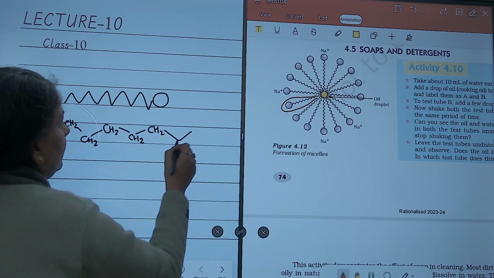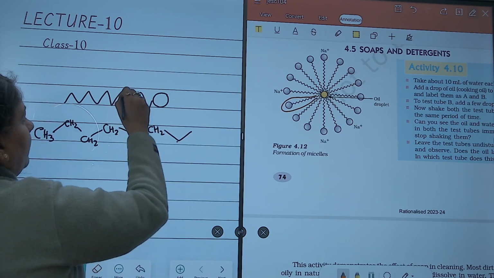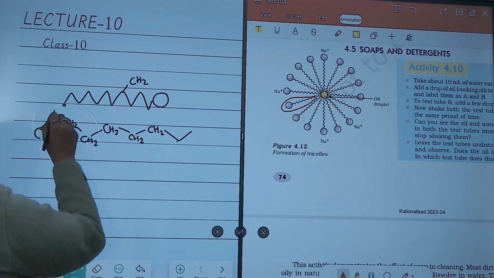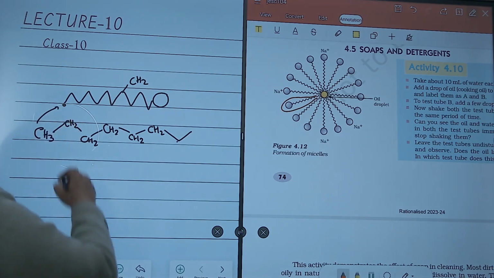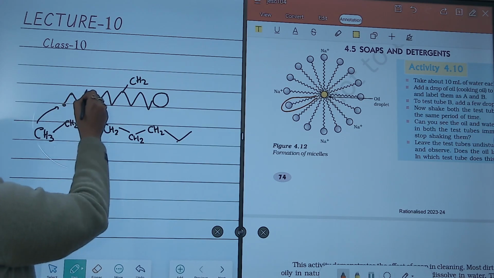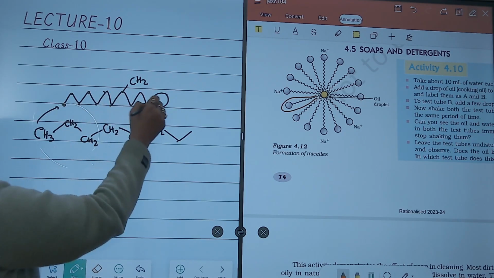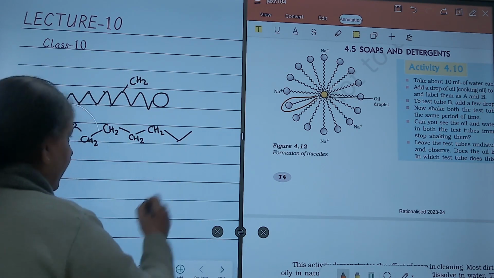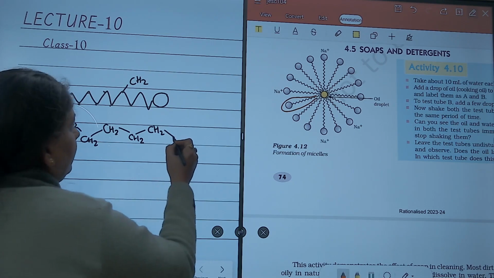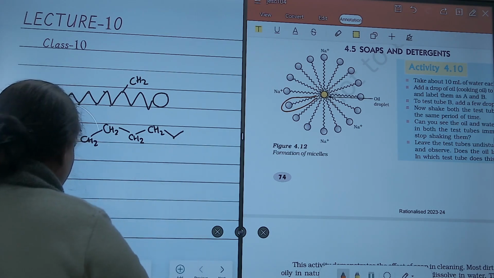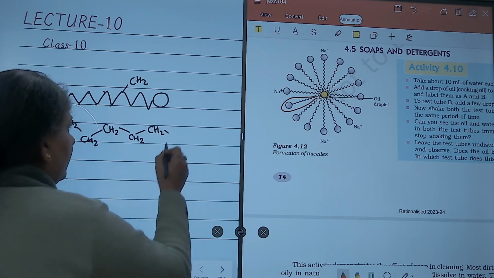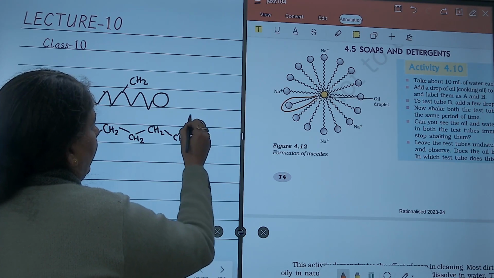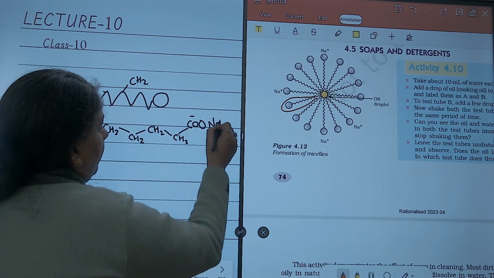CH2, and then this point is basically representing CH2, and the free end represents CH3. So basically each point is representing CH2, CH2, CH2 and there is a long carbon chain. This finally ends as, or we may write it like this, CH2, then COO negative and sodium positive.